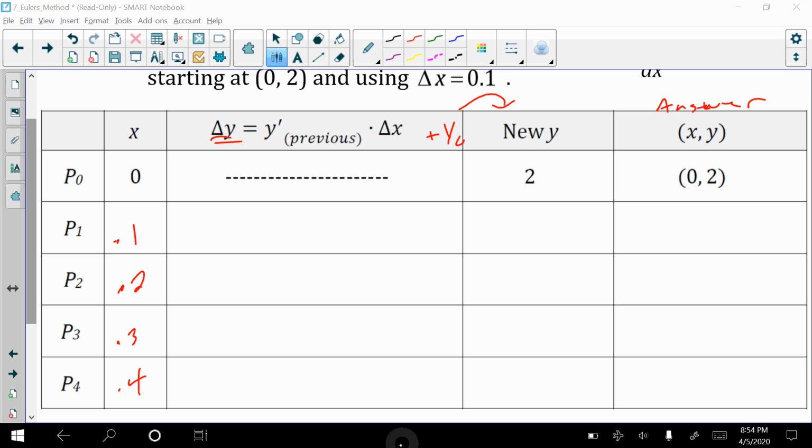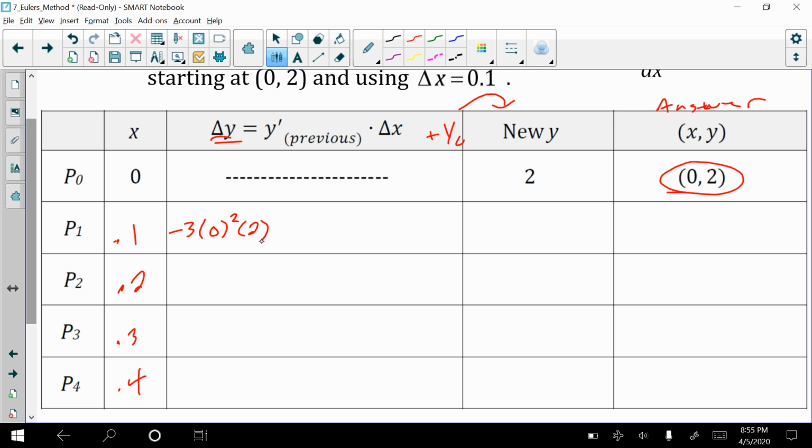So this is where the work comes in. The expression that we have for our differential equation, we start off by saying negative 3 times, in this case, x squared. So we're looking at these numbers here to figure out what our new y value is going to be. So when x is 0, we square it times y, which is 2.